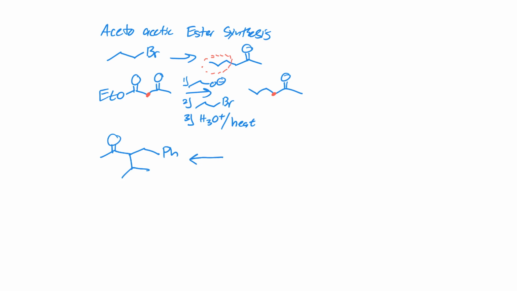All right, so if we're asked to create this molecule, we might first decide that it is a ketone. So we'll use the acetoacetic ester synthesis, which means these 3 carbons that I've circled come from the acetoacetic ester. And let's draw that here.